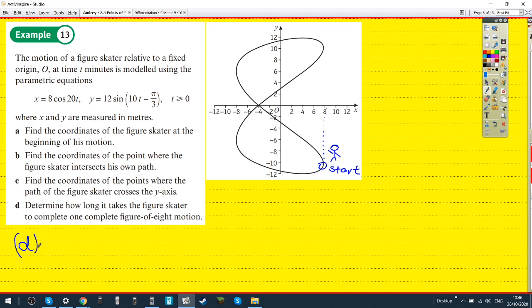So am I just doing 8 equals 8 cos 22? Yeah. That's it. And then if I put that into my calculator, I got quite a number of values.